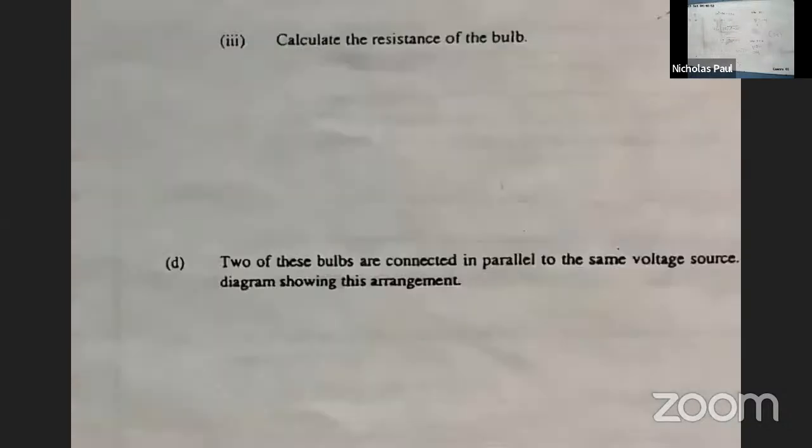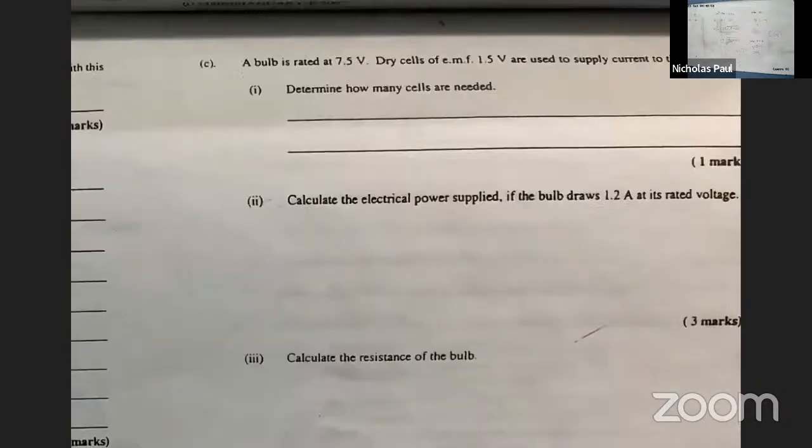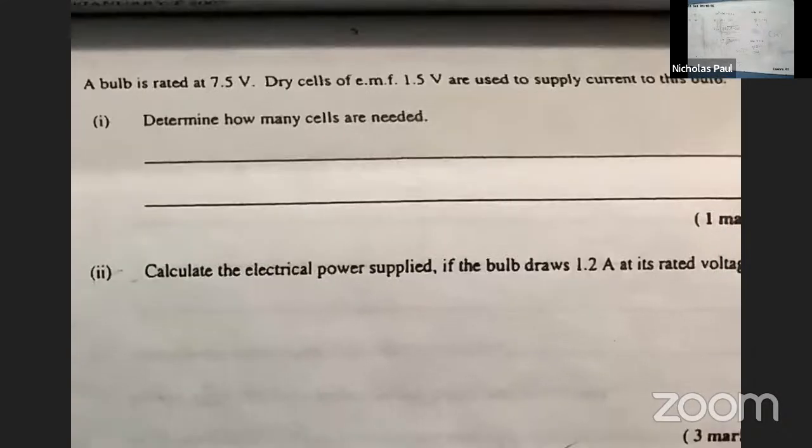All right, let's finish up with this here. Try the first one. How many dry cells needed? PD reading, potential difference reading. What year is this?